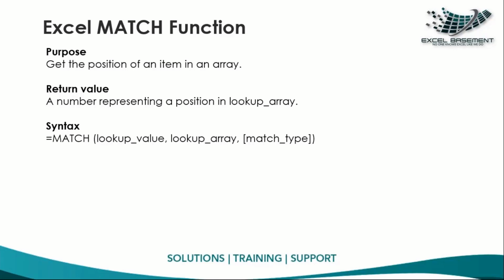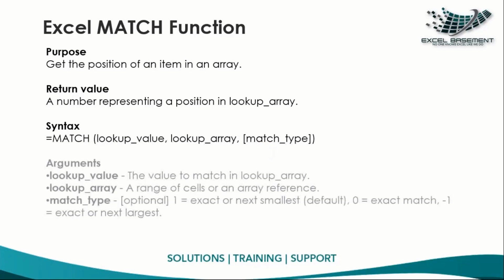Then you can see there are three function arguments within the MATCH function: the first one is lookup_value, then lookup_array, and match_type. The match_type is in square brackets, which means this function argument is optional. I will tell you later what happens if you skip this optional argument.